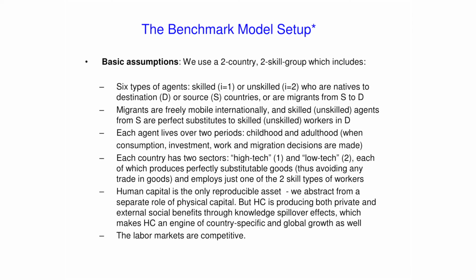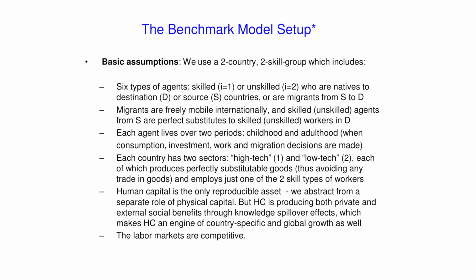So we're going to divide the economy into a high-tech and a low-tech sector, each of which produces perfectly substitutable goods. And the reason for that assumption is to avoid any need to deal with trade, both within countries or across countries. That simplifies the model.